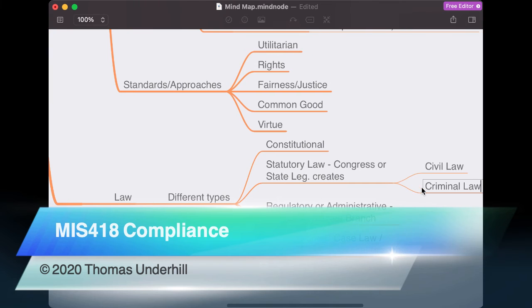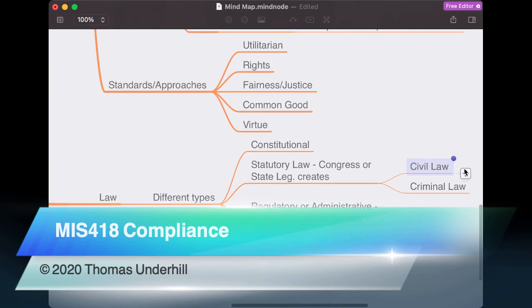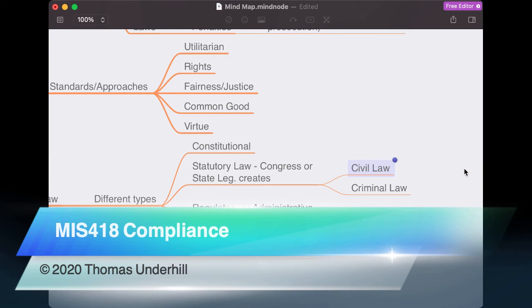Civil law includes things like contract law, family law, and tort law. Tort law is a special type of law within the civil realm. It's basically to right a wrong.